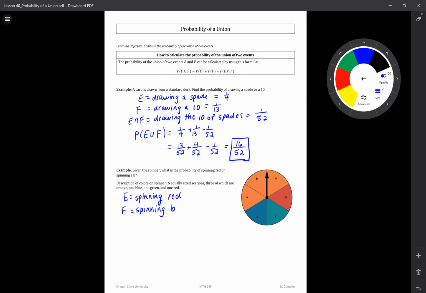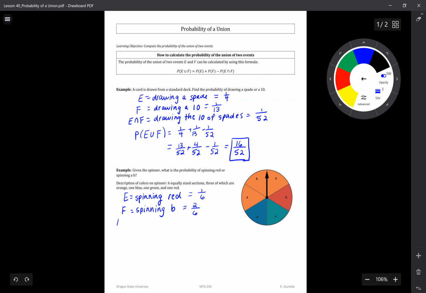Well, there are 6 equal sections, and only one of them is red. So the probability of spinning red is 1/6. What about the probability of spinning a B? Well, there are 2 B's here, so this will be 2 out of 6.